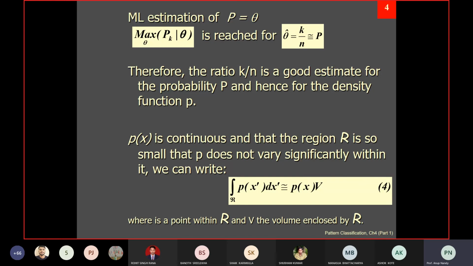If px is continuous and the region R is so small that p does not vary significantly within it, then you can write P equals px times V, where x is a point within R and V is the volume enclosed by R.